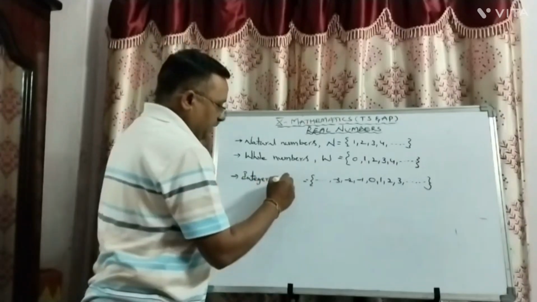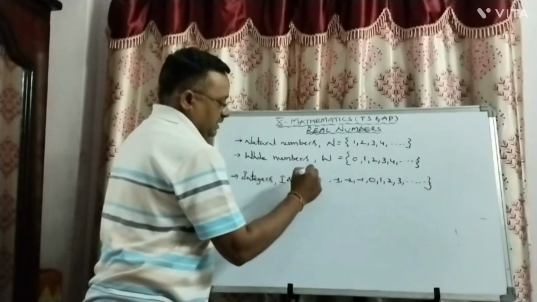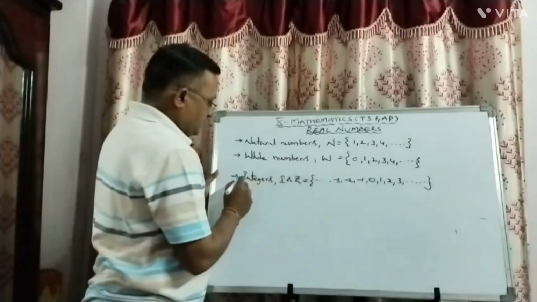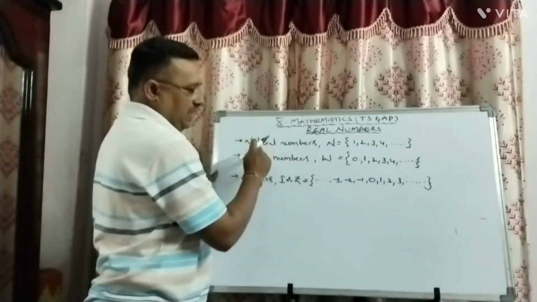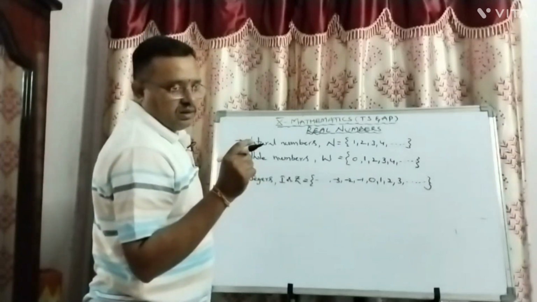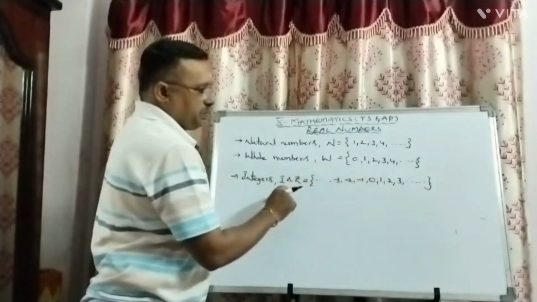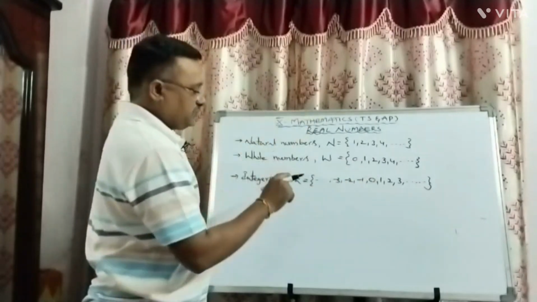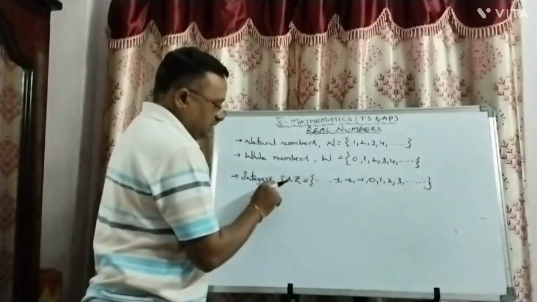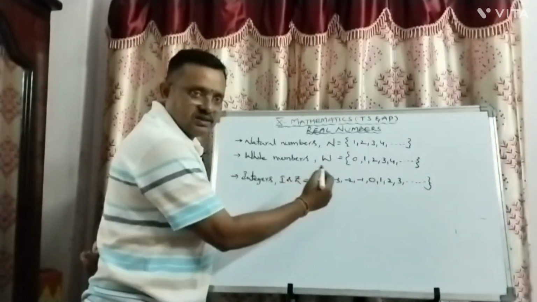These are represented by the letter I or the capital letter Z. I is the first letter of integers. Z represents the German word Zahlen, whose first letter is Z, that's why integers can be represented with either I or Z.